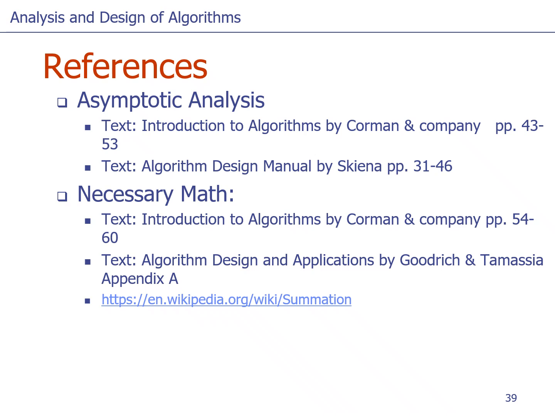There's a math review that we need in the analysis course, and also Appendix A in Goodrich and Tamassia, as well as the summation rules in the Wikipedia page referenced here. I'm going to be using that in the next lecture. And you can always download the textbooks as I have described before.